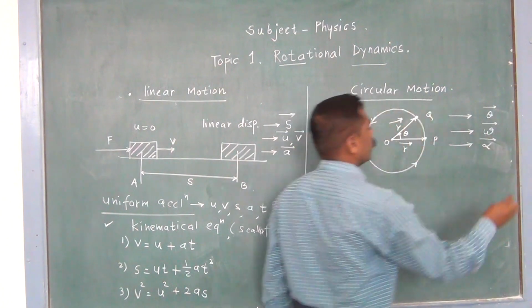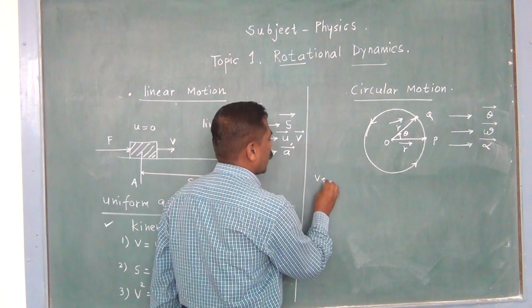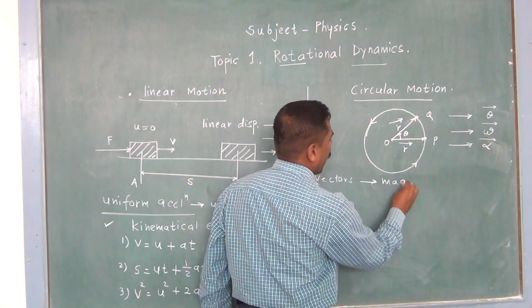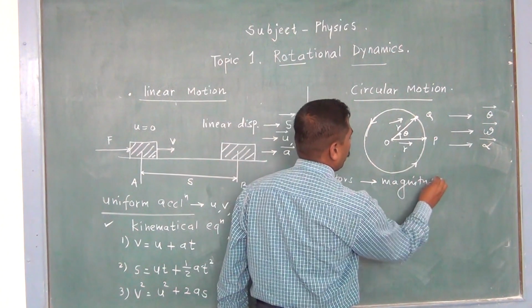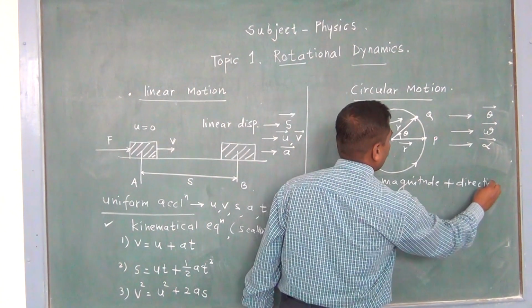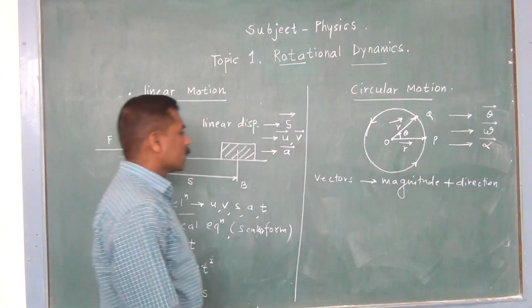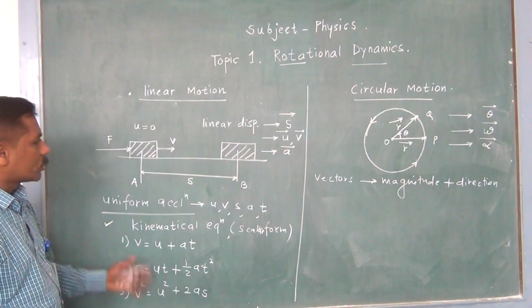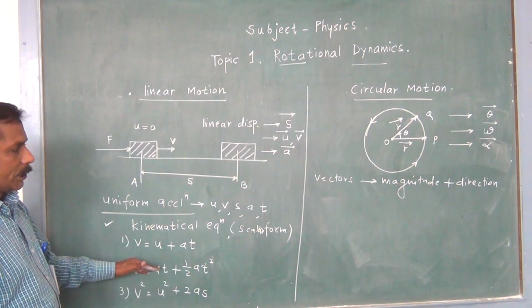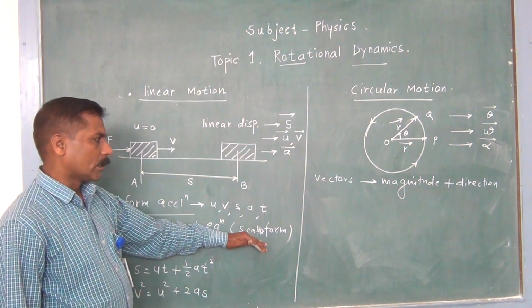Now definitely we know that when all these are vectors, they require magnitude plus direction. But when we consider these kinematical equations, here we are only thinking about their magnitude, so it is called the scalar form.